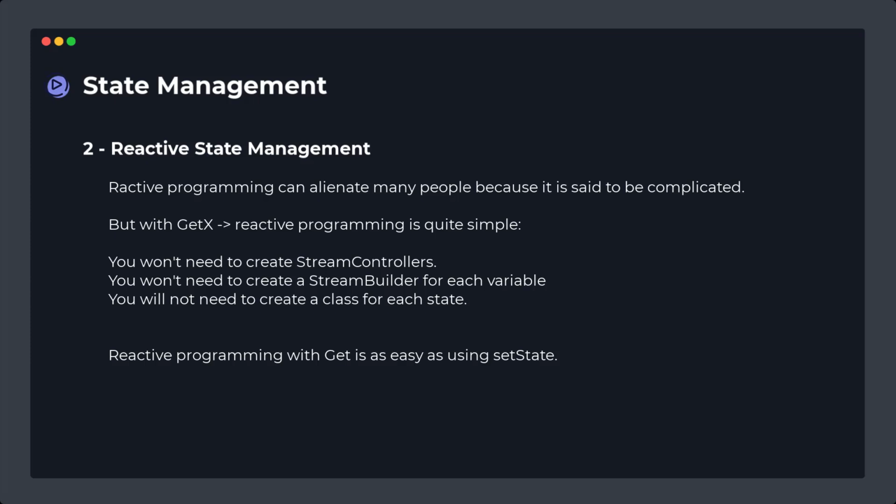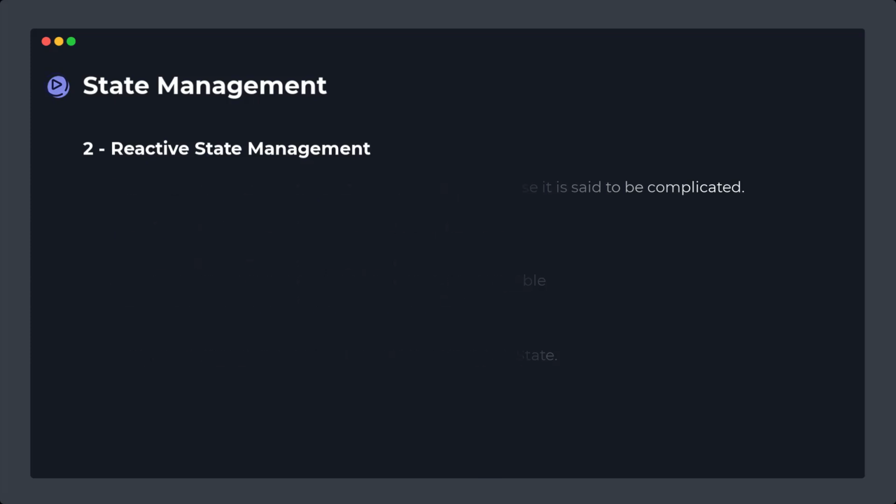We are not going to create a class for each state as we do in Bloc, where we have to manage states in different classes and a bunch of other things that we are not going to use. So again, using reactive state management with GetX is as simple as calling setState.